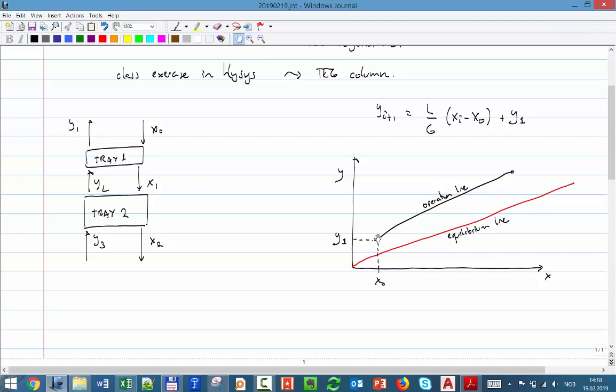And then we found an operation line that we made by making a mass balance between the top and any stage that is below. We can take 1 or we could take 2. We can make that balance with any tray.